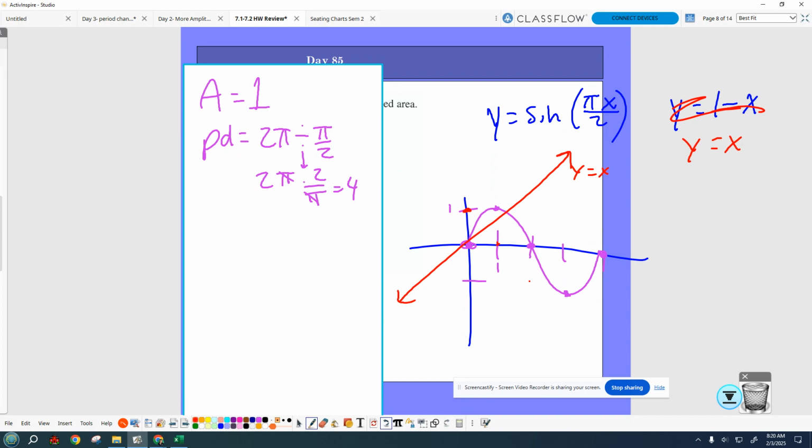Okay. Group 8, how do we set it up? The integral from 0 to where it intersects. And I didn't draw it great. Does the red line go through the coordinate 1, 1? Yes or no?